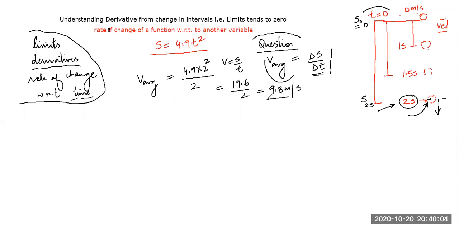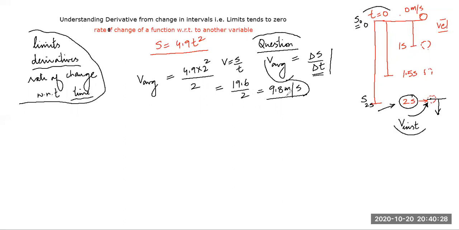This 9.8 meter per second, what I got was not the instantaneous velocity at 2 seconds, rather, it was the average velocity. A very vague figure, a very misleading figure of what actually would have been the velocity at 2 seconds. So, in other words, I was basically asking what is the instantaneous velocity at 2 seconds.